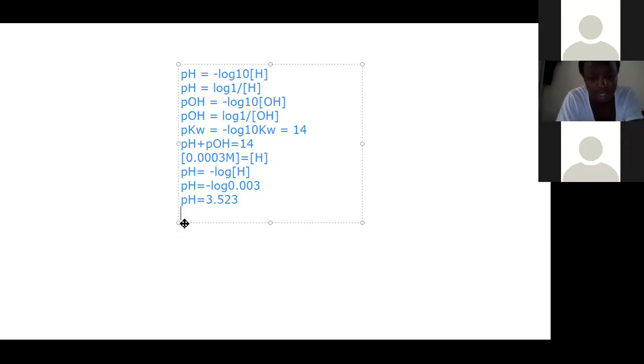We know that pH is equal to negative log of H, log base 10. By God's grace, we've been able to get the pH by deducting the pOH from 14. So we had 2.5, right? 2.5 is equal to negative log 10 of H.